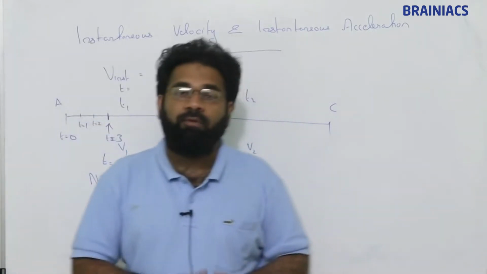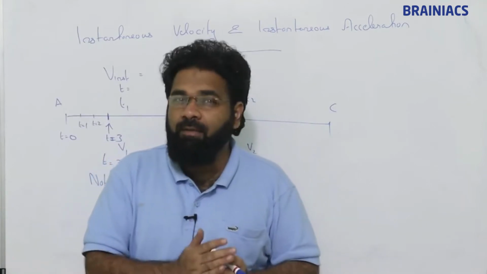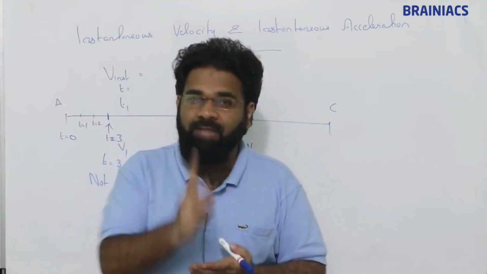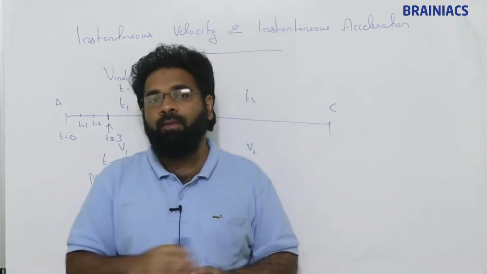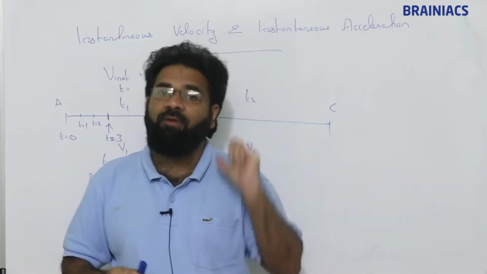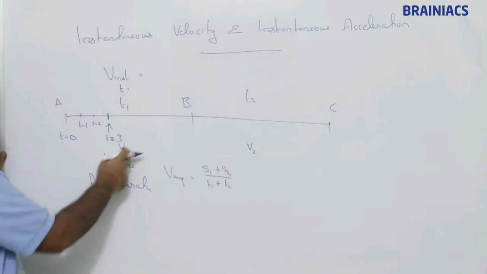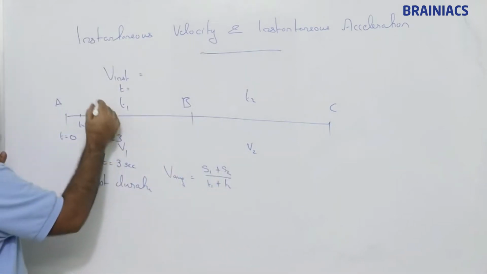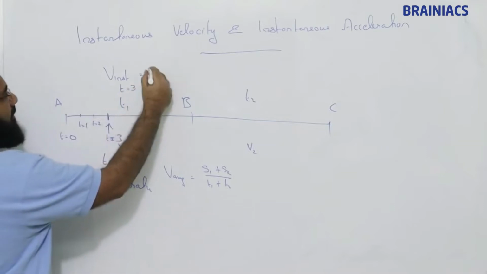Or we can say, if you are driving your vehicle at 9 o'clock, 10 minutes, 10 seconds, at that instant, what was your velocity? If someone asks you that, you will have to give a specific value. Since from here to here this velocity is given as v1, I can say at instant t is equal to 3 seconds, velocity is v1.